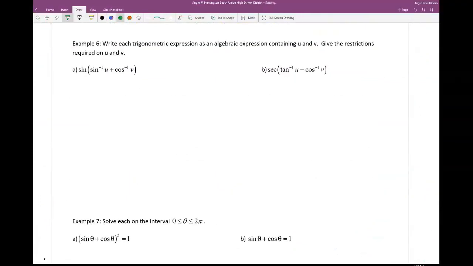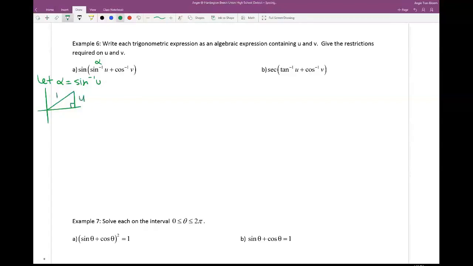So let's make this right here. Let alpha be sine inverse of u. So this is alpha. Then because it's just a variable u, technically I can draw it in quadrant 1 or 4, but why put things in quadrant 4 when I have to deal with negative, where I can just use quadrant 1? Sine is going to be opposite over hypotenuse.